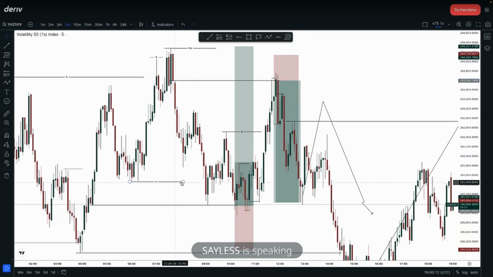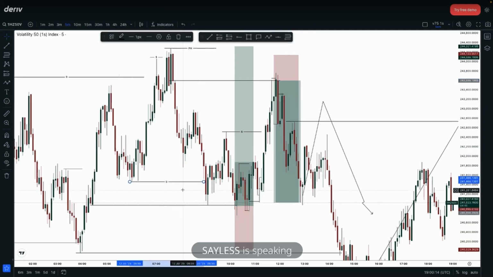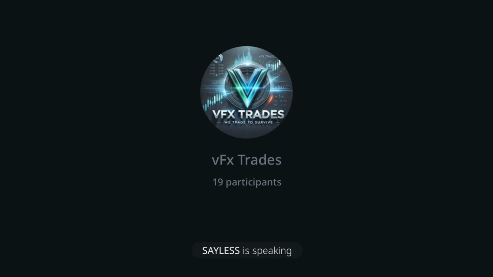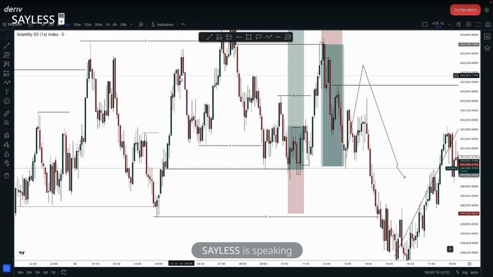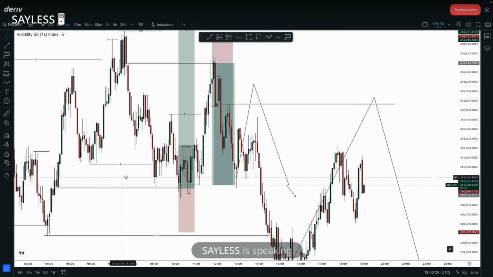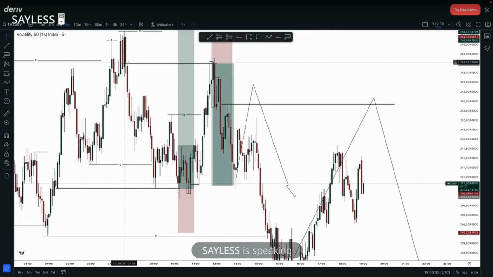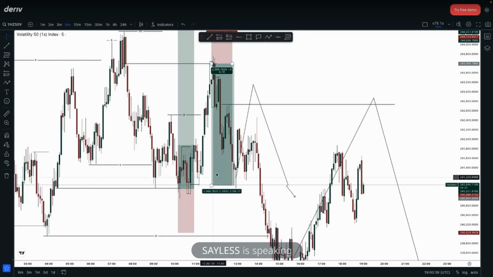Just like this break of structure to the upside happened before this one happened, the same way this one happened before this one happened, which means if the market is respecting that zone, this one has the higher authority over this one. But it doesn't mean you're just going to use authority in this case. You should secure some profits when it is necessary.